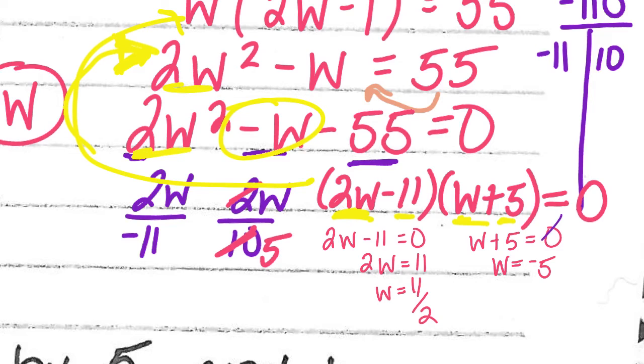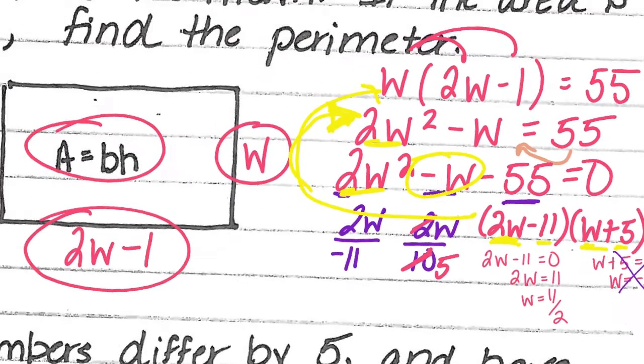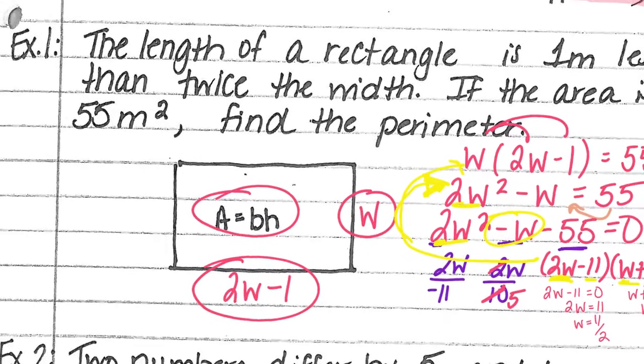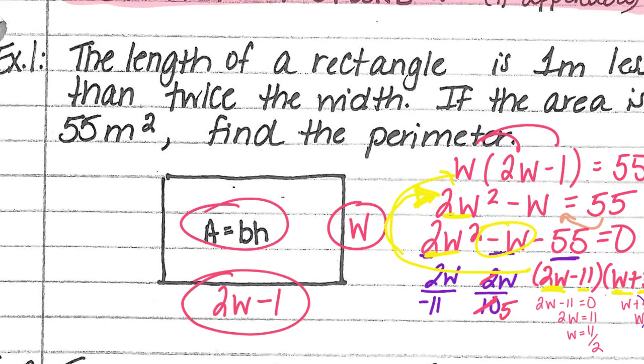Well, automatically I know that I can't have a negative distance of a rectangle, but if my side was equal to 11 over 2, which is 5.5, I know that this side would be 2 times 5.5, which is 11, minus 1, which is 10.